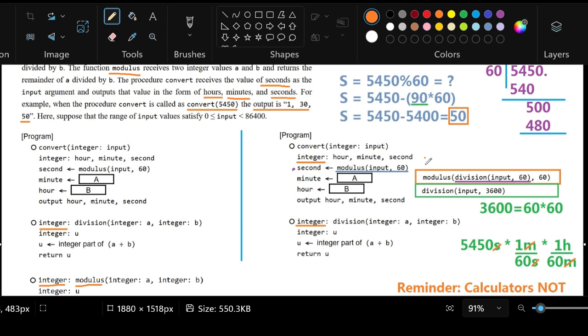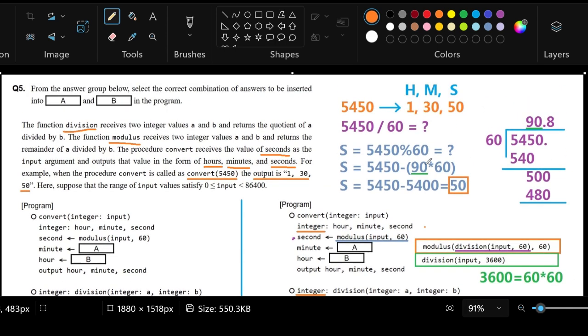And we can see also from this that if we were to do a modulus of the input 5450 and using the 60 as the next argument in the function, then we should be able to arrive at 50.